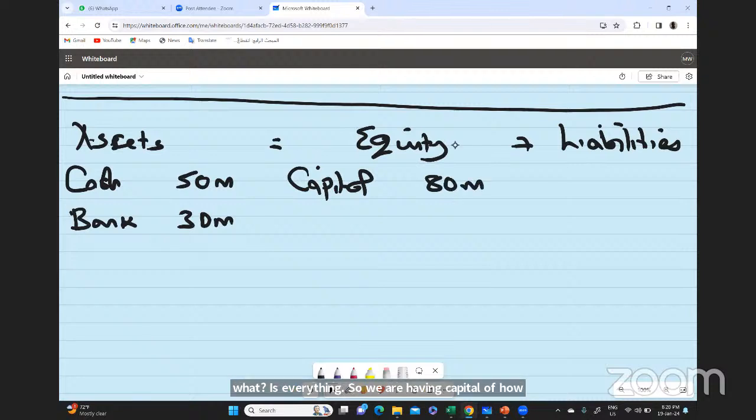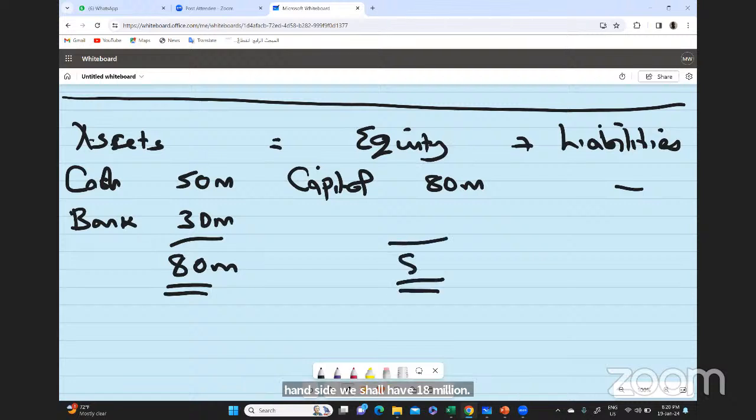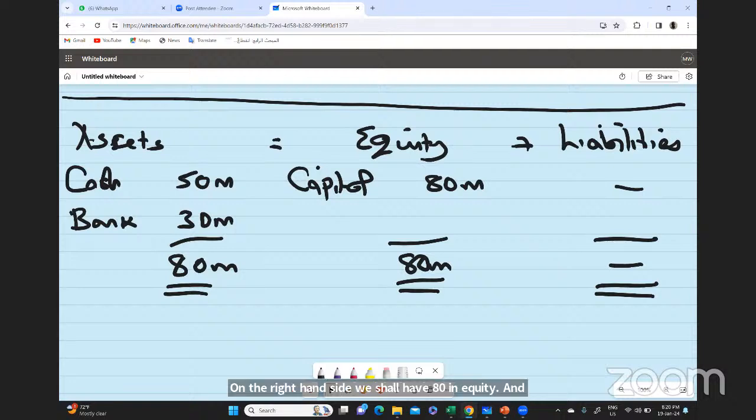So we have capital of 80 million. From that transaction, do we spot anything that gives rise to an obligation for us to record a liability? No. That transaction doesn't have anything to do with an obligation. So on the left-hand side of our equation we shall have 80 million, and on the right-hand side we shall have 80 in equity and 0 in liabilities.